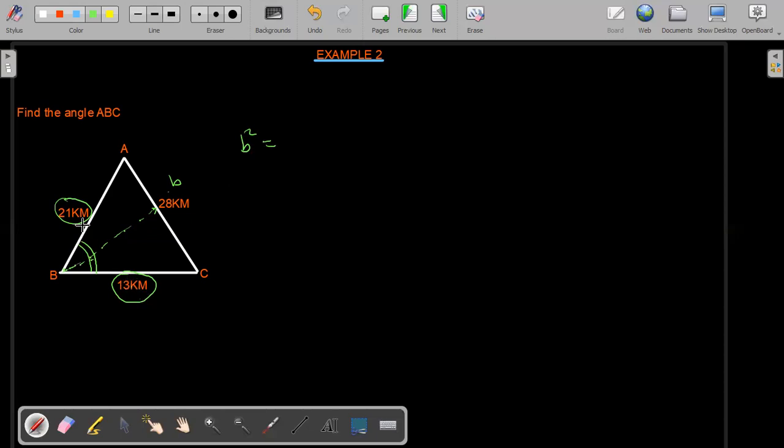Okay, so we have this and that. In this case, it is A and C. So we're going to say A squared plus C squared, minus 2AC, then cos what? Your angle, which is B. What are you looking for? You are looking for angle B. So you are going to make this thing the subject, okay?